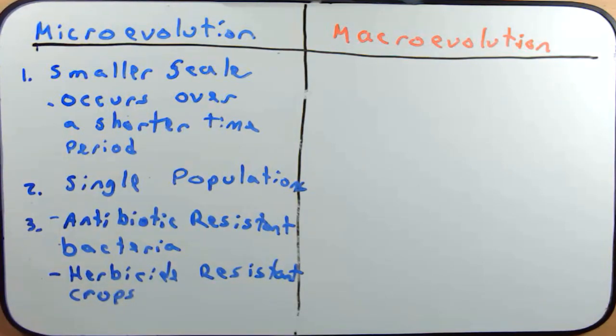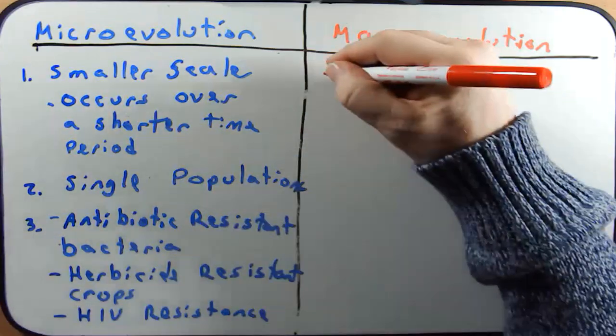Crops can become herbicide resistant. And the last example is HIV resistance. We know that there are small populations in the world that are resistant to HIV, meaning if they're exposed to HIV, they don't come down with symptoms related to HIV or AIDS. And this topic may come up a little bit later in the semester. But these are all 3 examples of microevolution, things that we can see in our lifetime.